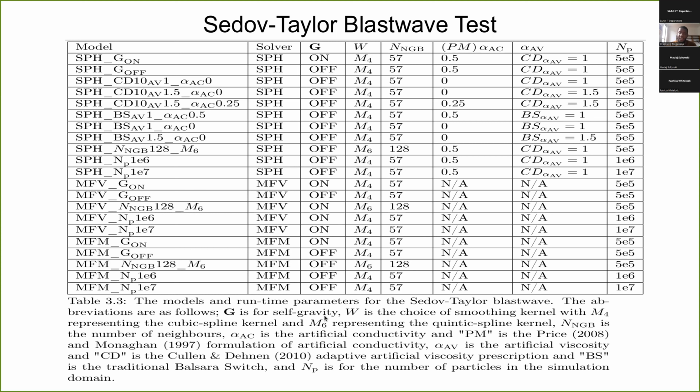When you have shocks passing through a material, artificial viscosity is important in dampening down the dissipative effects of SPH and the treatment of shocks. So this is another term that we had to test and see how that works.